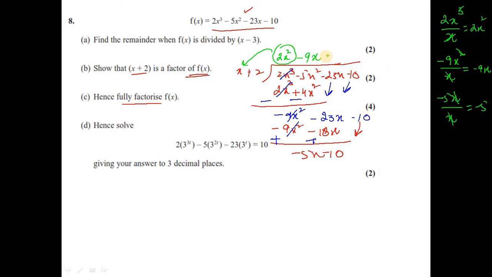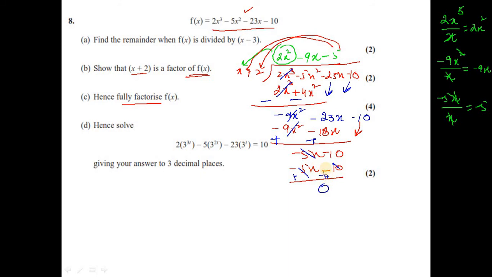This is the third term of your quotient, and then minus 5 is multiplied by every term in the divisor, so you must get minus 5x, and then minus 10, and you see that we have changed the sign, and you can cancel, you must get 0.